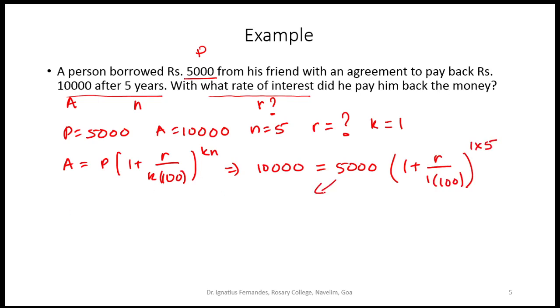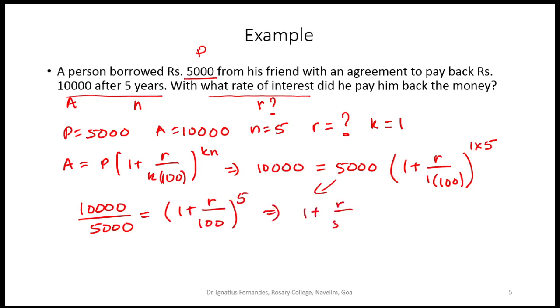So I can cross multiply this 5,000. So 10,000 upon 5,000 is equal to (1 plus R upon 100) raised to 5. So basically we are saying that (1 plus R upon 100) raised to 5 is equal to 2.